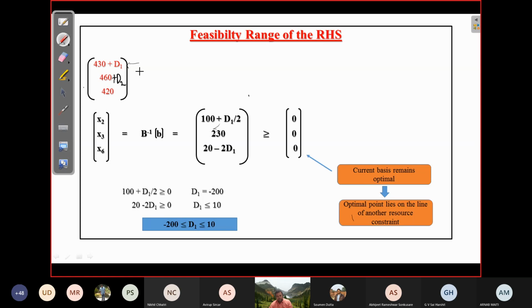Then I'll write 460 plus D2 and I'll write similar constraints, and then we'll form equations. Some conditions will be there on the combination of D1 and D2. If you choose the values of D1, D2 in a manner that those conditions are satisfied, then the current basis will remain optimal. Clear or not? Clear, sir. Yes.